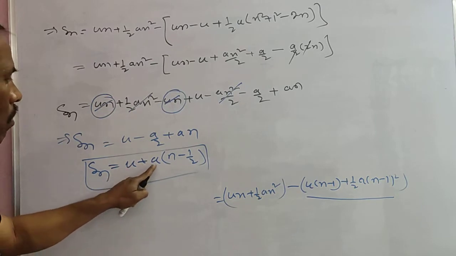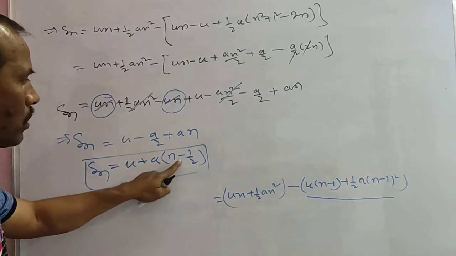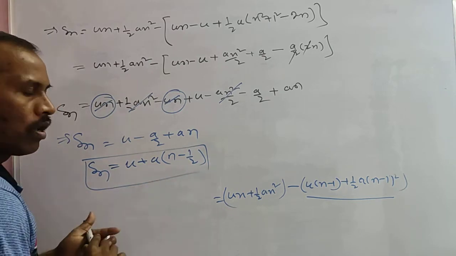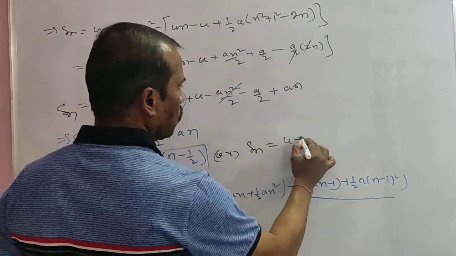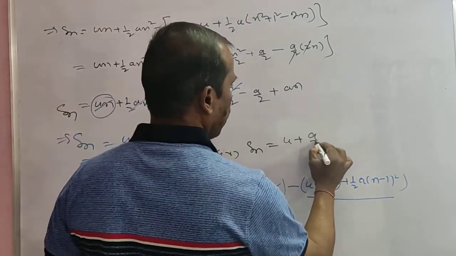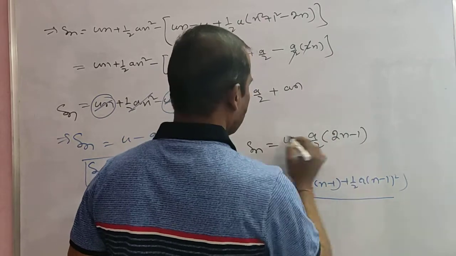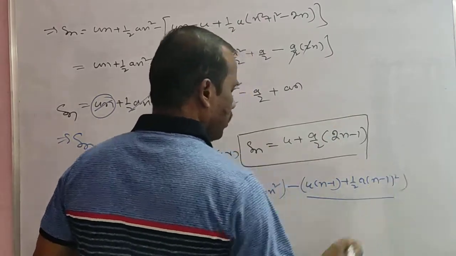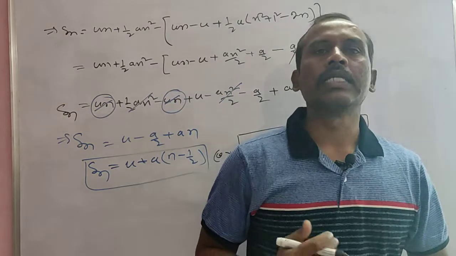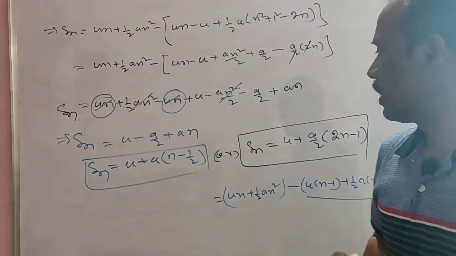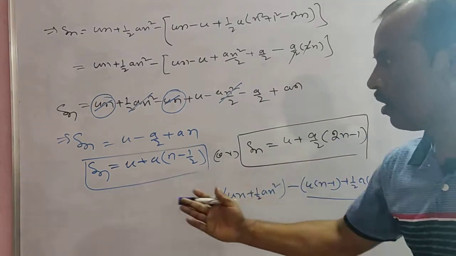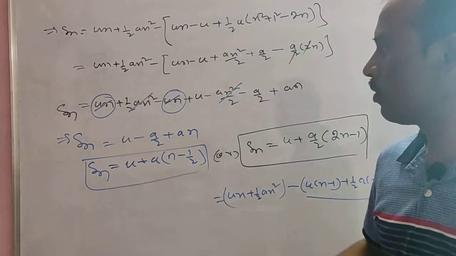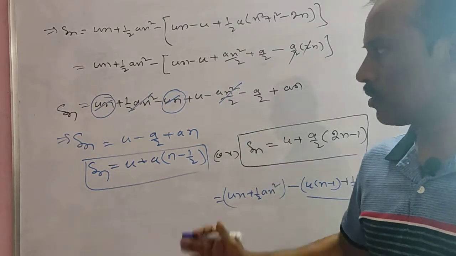Sn is equal to u plus a into n minus 1 by 2, or simply u plus a by 2 into 2n minus 1. This is the displacement of the particle in the nth second. Sn is equal to u plus a by 2 into 2n minus 1, or Sn is equal to u plus a into n minus 1 by 2. This is for the nth second.